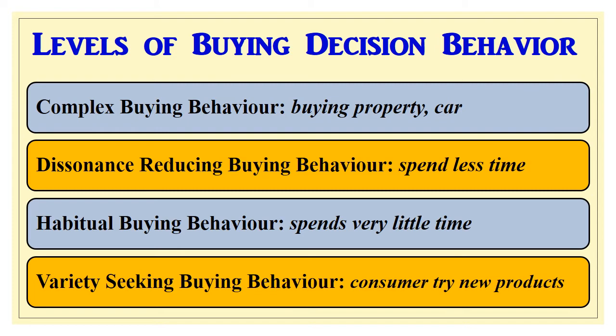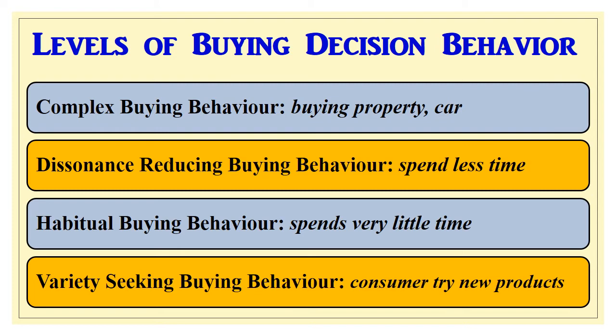The first one is complex buying behavior. This situation occurs when a consumer makes full use of the complete decision making or buying process, and spends considerable time gathering information about the alternatives, both what to buy and where to buy, before reaching the final purchase decision.